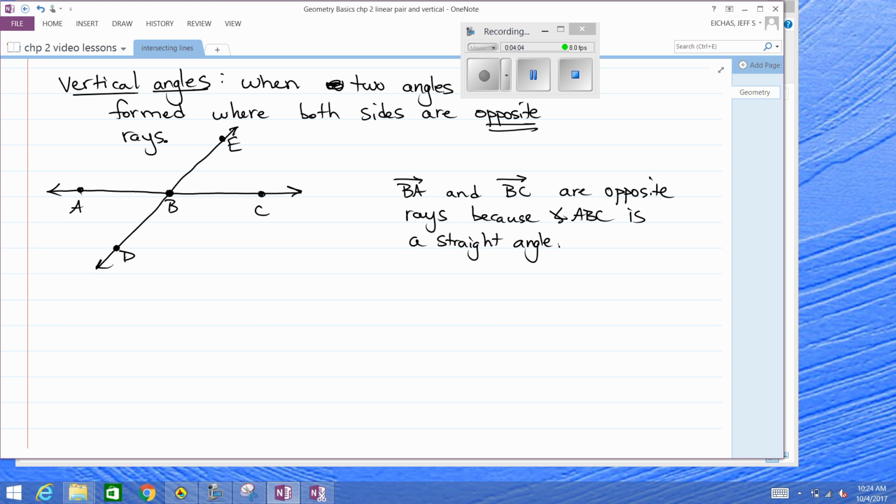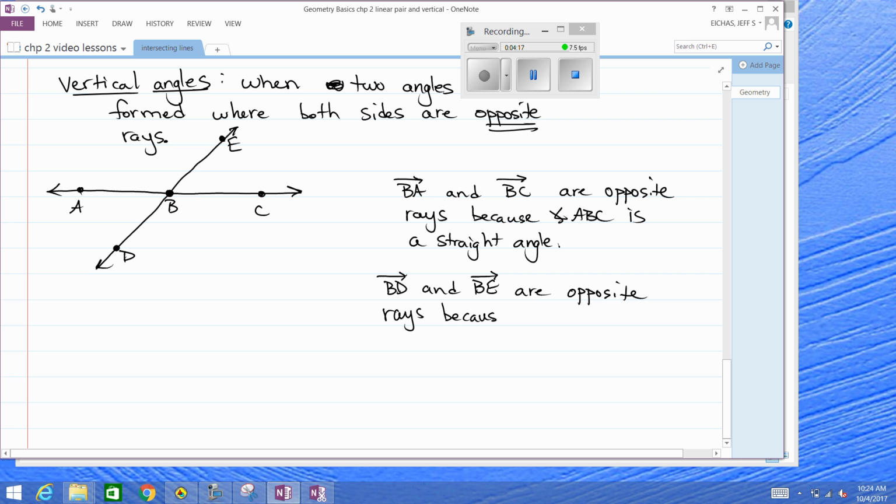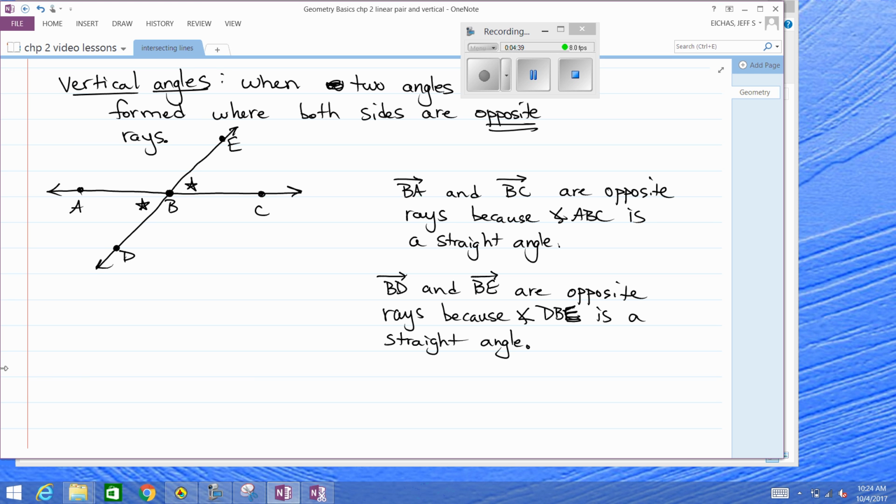So what we have is ray BD and ray BE are opposite rays for the same reason, well, similar reason, I should say, because angle DBE is a straight angle, okay? So now the angles formed by these opposite rays, they are vertical angles because they're formed by two pairs of opposite rays, okay?